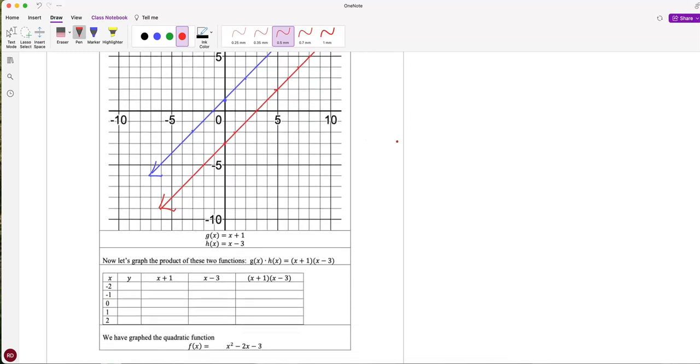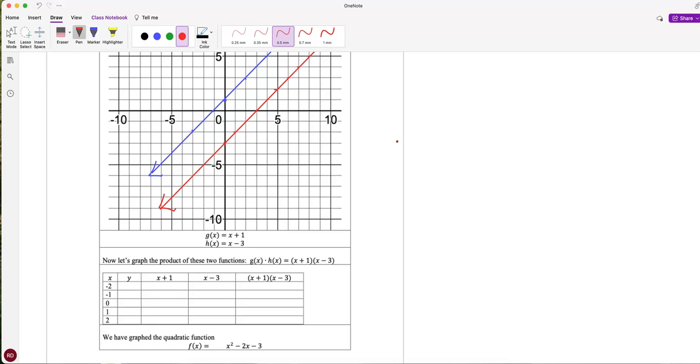Now, what would it look like if I multiplied the two functions, x plus 1 times x minus 3? So if x is negative 2, let's look at the x and y values of the different ones.